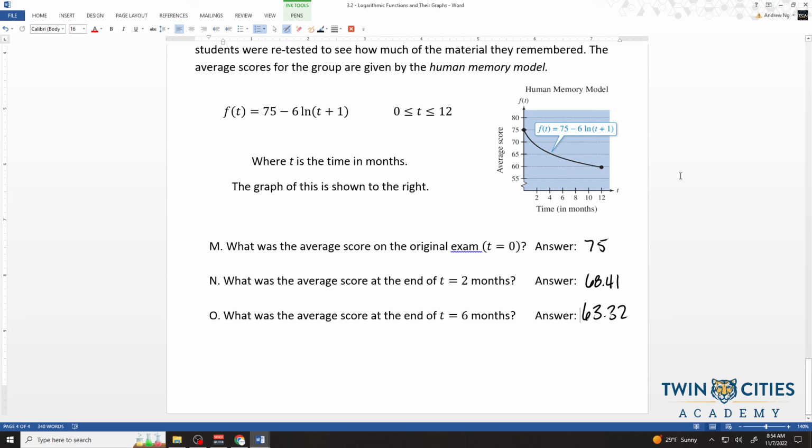But if I were to go another 12 months, it probably wouldn't be that much lower than this. Like the biggest drop was in the first 3 or 4 months here. And so we'll be solving problems like this in our assignment and doing a lot more with logarithms and exponential functions.